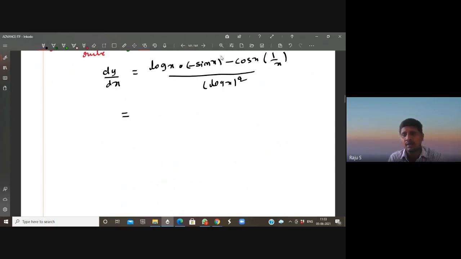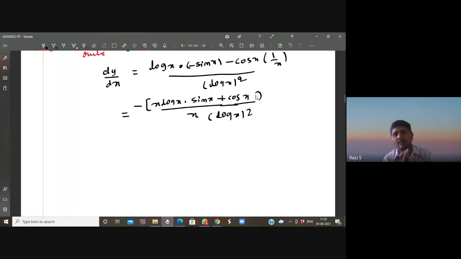I want to take x as LCM in the numerator, and take minus common. Then minus of x log x sin x plus cos x, all divided by log x square. Shall I write like this? Yes, we can write like this. This is the required dy by dx.